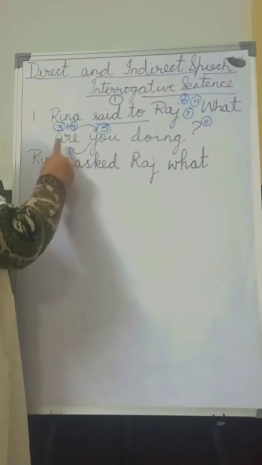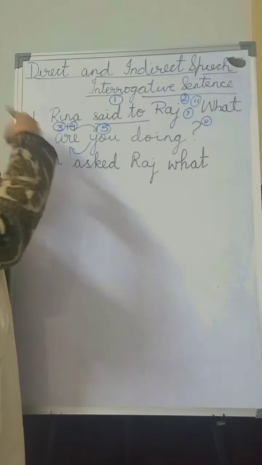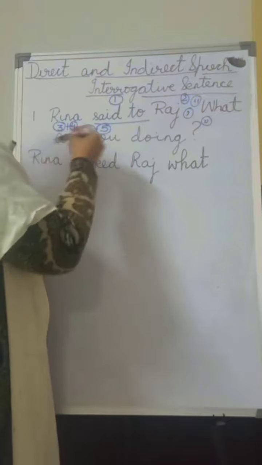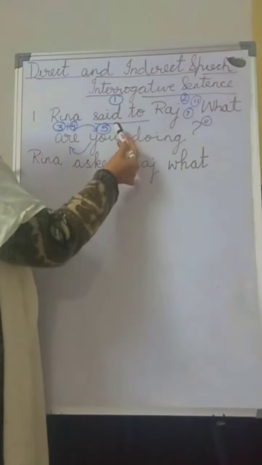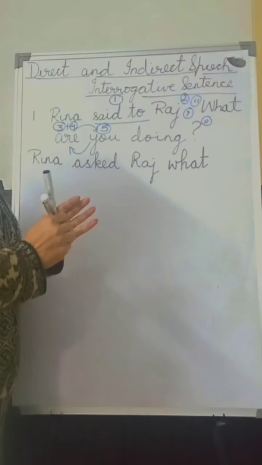So while changing the position, we will also change the pronoun as per the third person. And we will also change the tense. So here we will do all these three steps together.